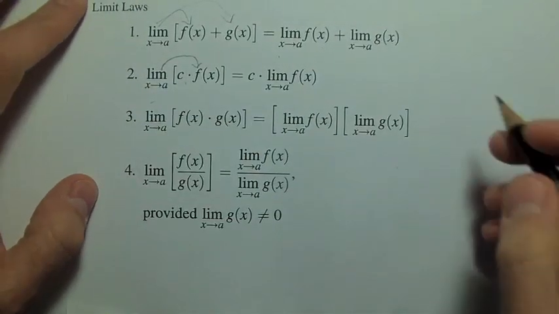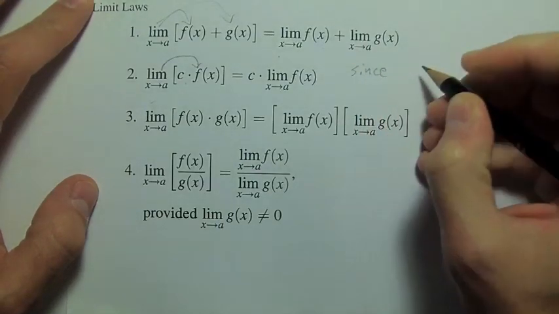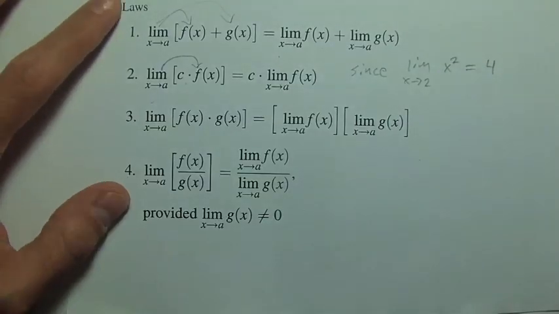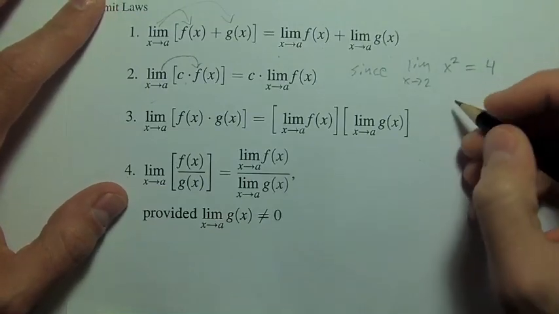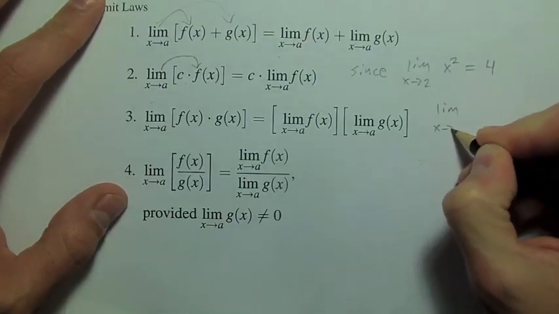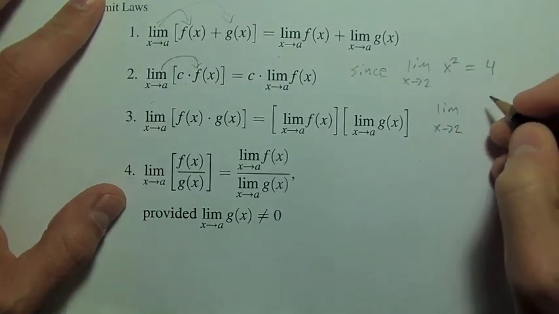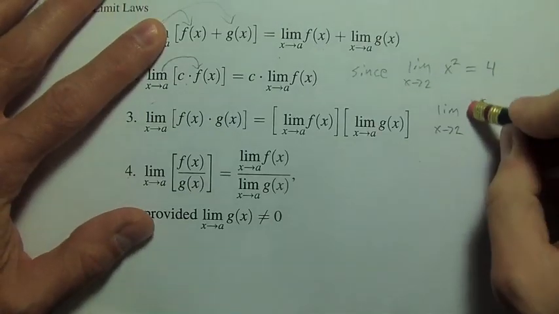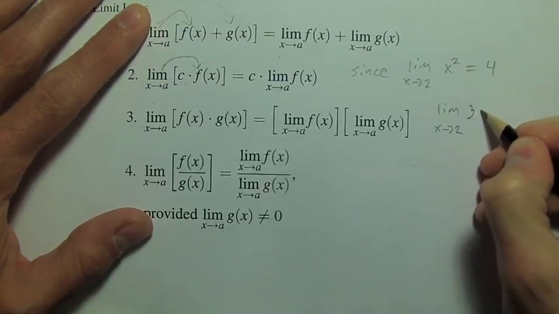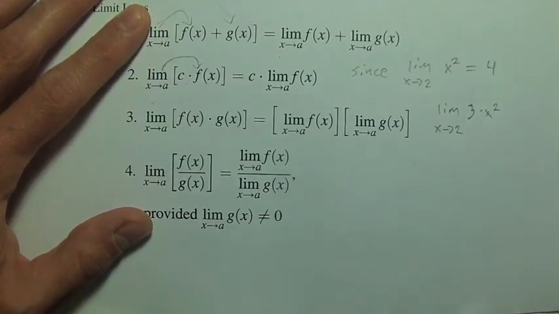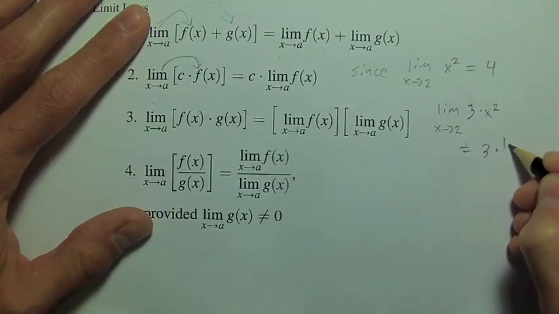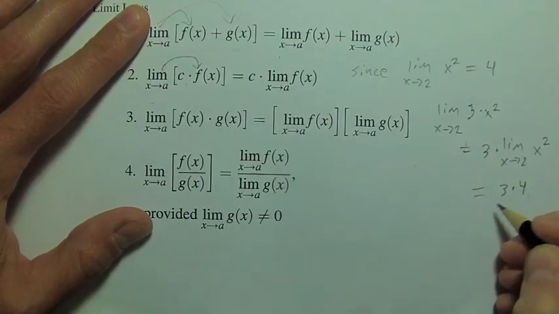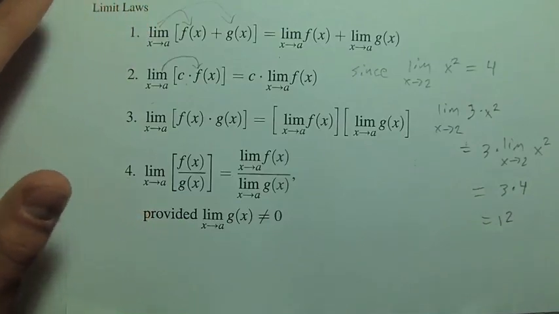If we think about our previous example, since the limit as x goes to 2 of x squared is 4, we can pretty much assume from this that the limit as x goes to 2 of, let's make it a little simpler, 3 times x squared, is just going to be 3 times the limit as x goes to 2 of x squared, which will be 3 times 4, or 12.